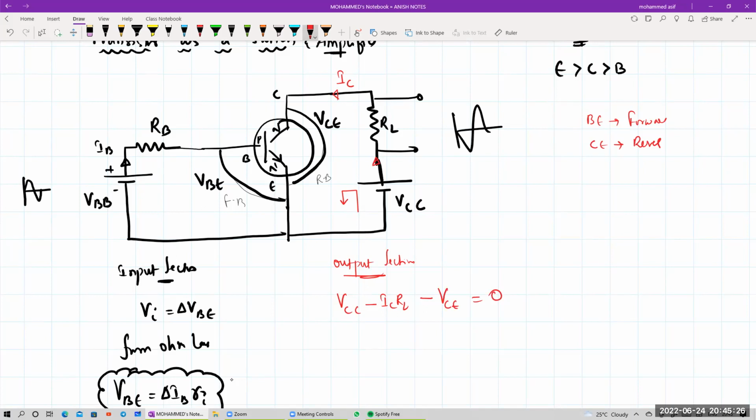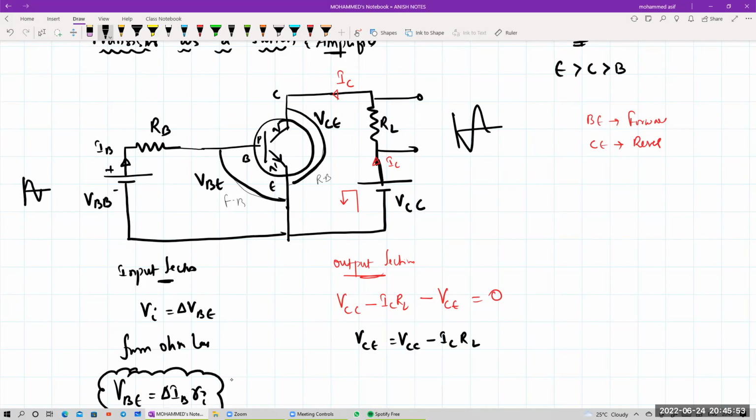KVL starting from here, VCC, the same direction I'm moving, so it is IC into RL, then the potential across this one is your VCE, collector and emitter, and that must be equal to 0. That means I can write from this one, VCE will be equal to your VCC minus IC into your RL.